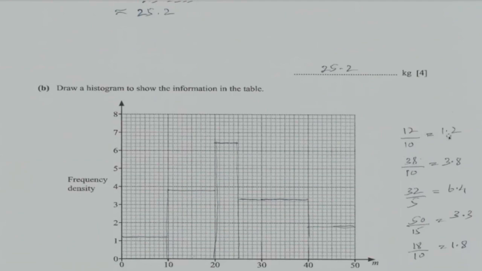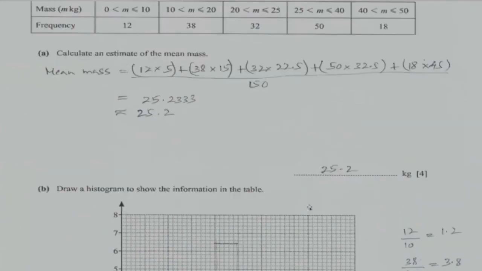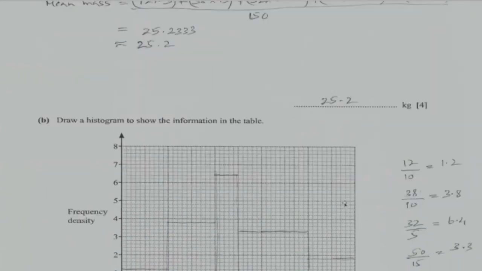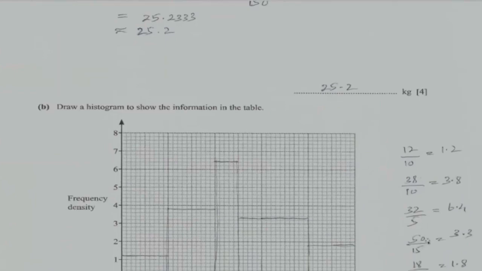0 to 10, it is 1.2, and draw like this. Then 10 to 20, it is again divided by 10, 3.8. We can draw like this. Then 20 to 25, it is 32 divided by 5, it is 6.4.